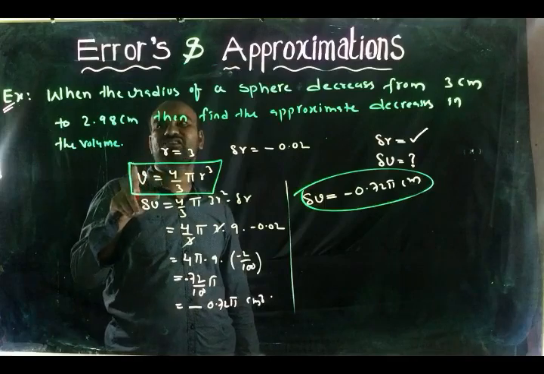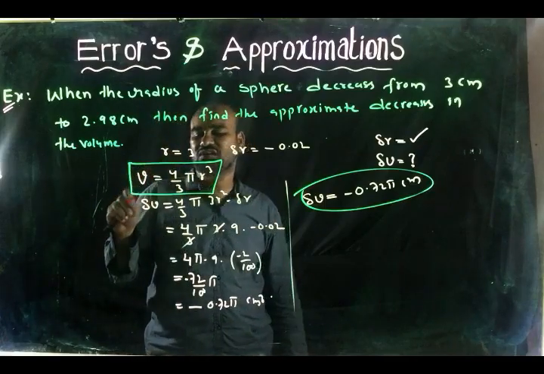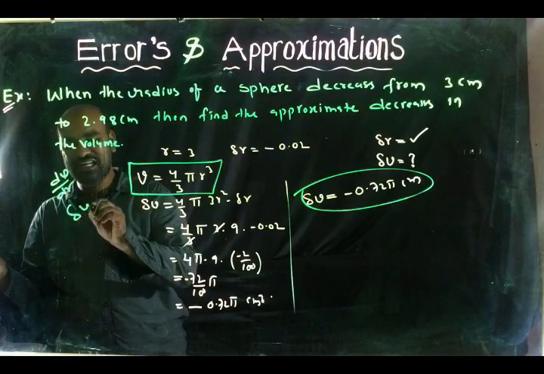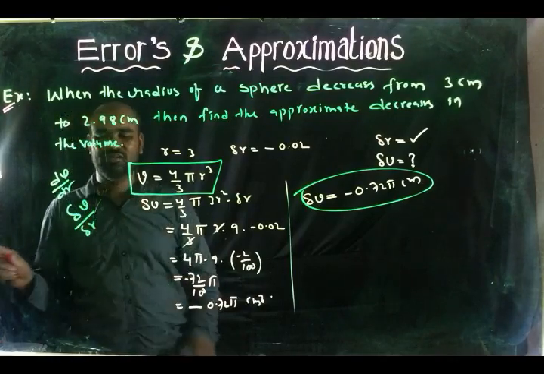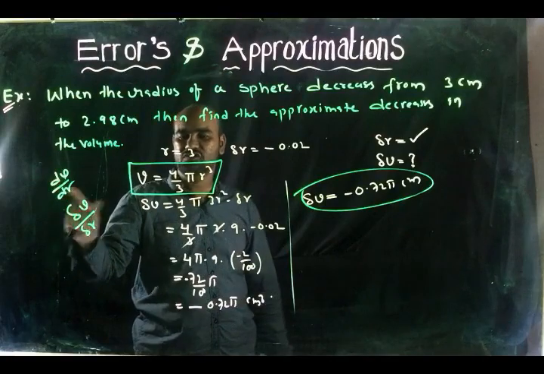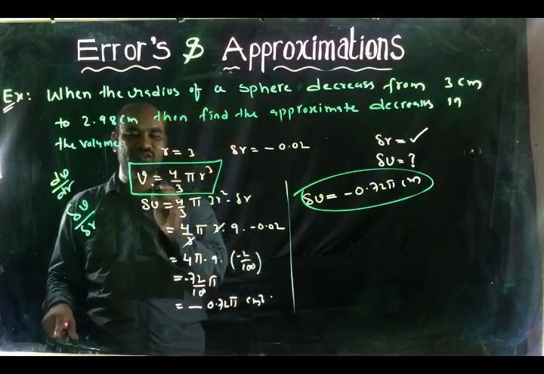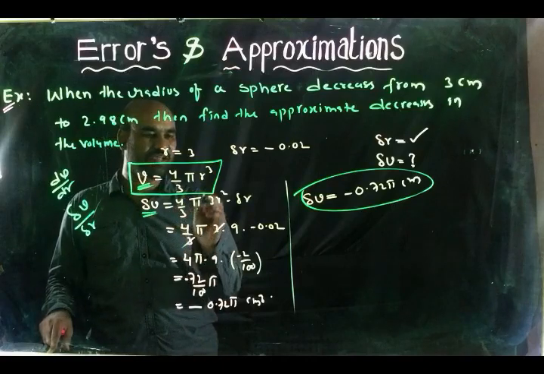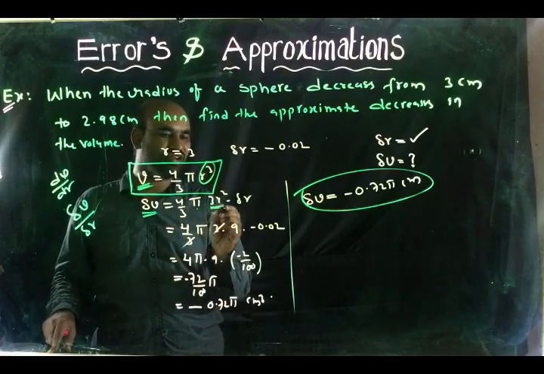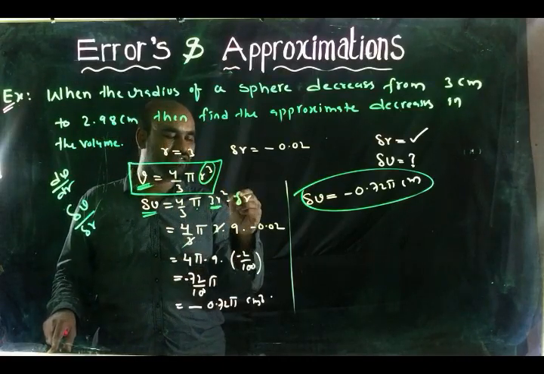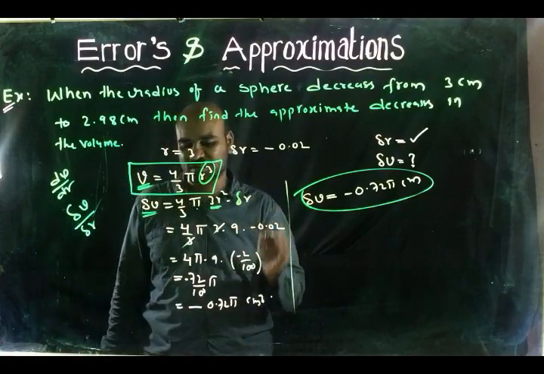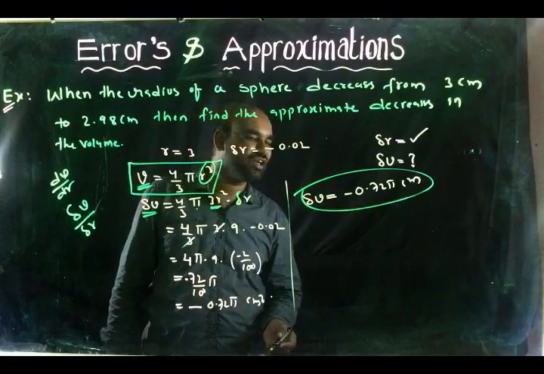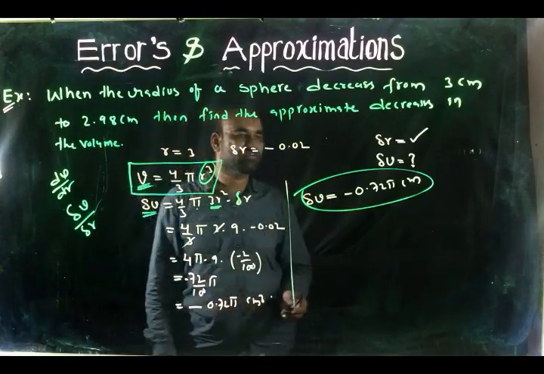But in approximations in this chapter, instead of dV by dr, we will write delta V by delta R, because you are finding approximate values. That's why you can write delta V equal to 4 by 3 into pi into 3r square into delta R. So simplification, substitutions, you will get delta V equal to minus 0.725 centimeter cube.